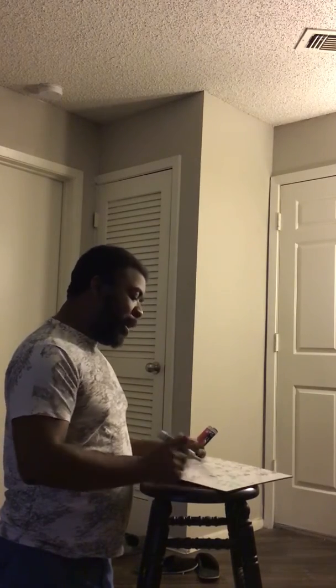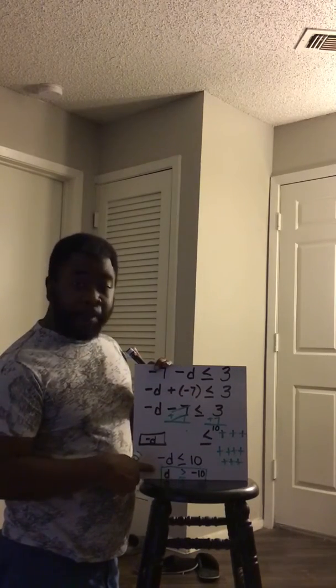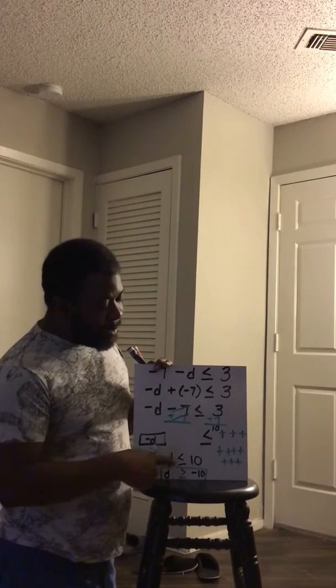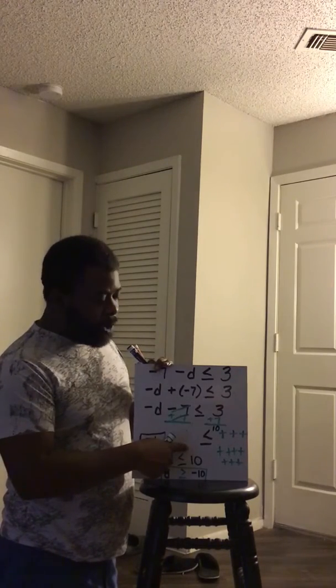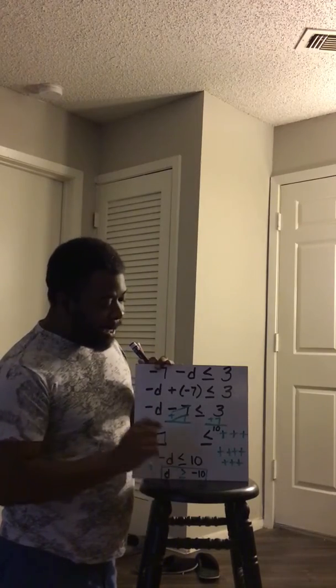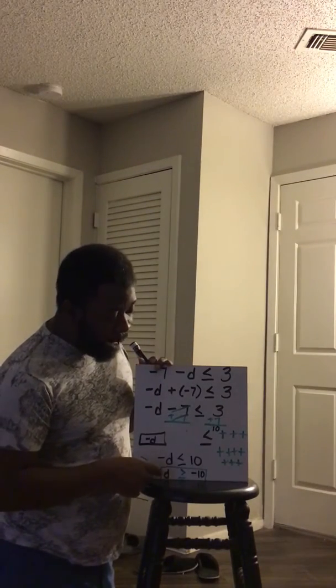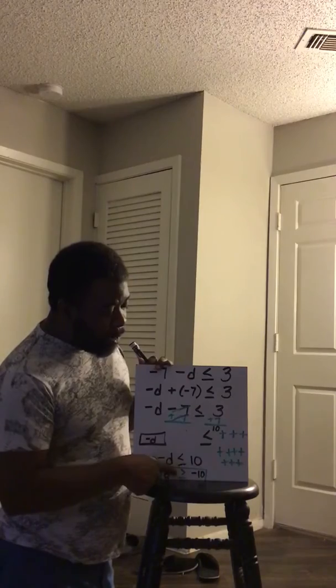That is the one trick. I had to take the opposite of negative d to get it to become positive d, which means I had to do the opposite of the 10, which made it negative 10. But whenever I have to do that, then my inequality symbol has to turn the other way. And so now it is positive d is greater than or equal to negative 10.